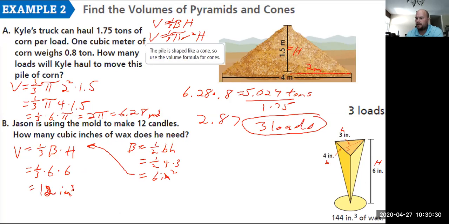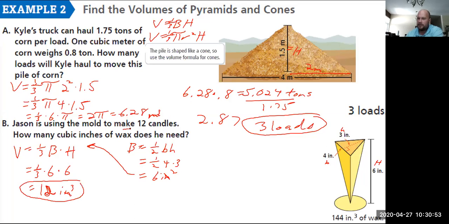They had a different answer. Did I make a mistake somewhere? Let's look back. Oh, no, I did not make a mistake. This is for one candle. Look back at the question.